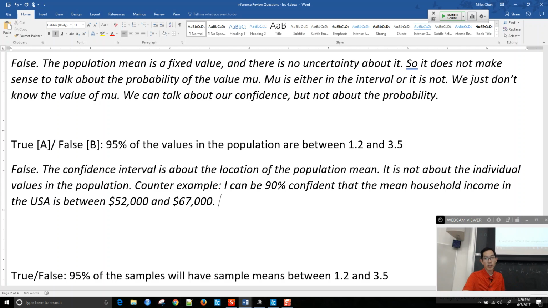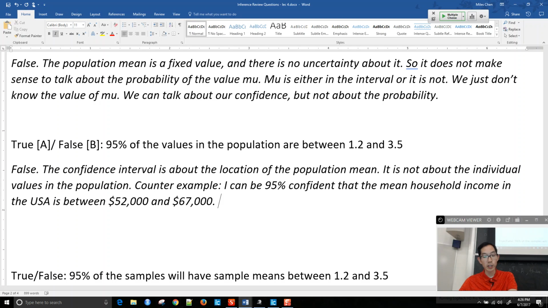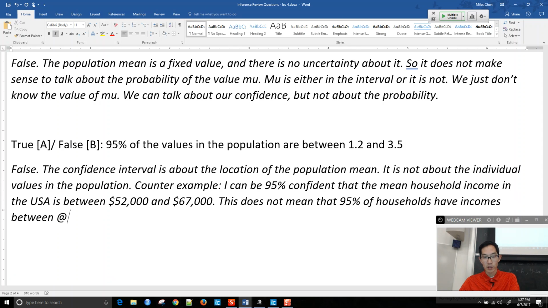So I can be 95% confident that the mean household income is between here and here. This does not mean that 95% of households have incomes between 52,000 and 67,000.